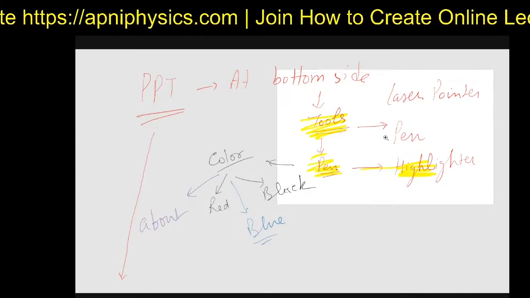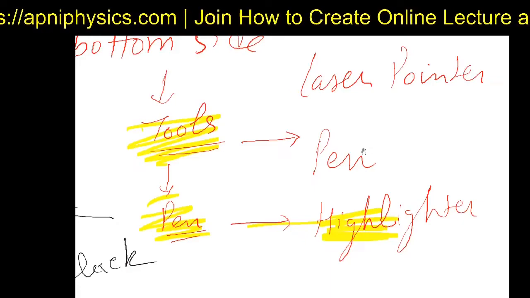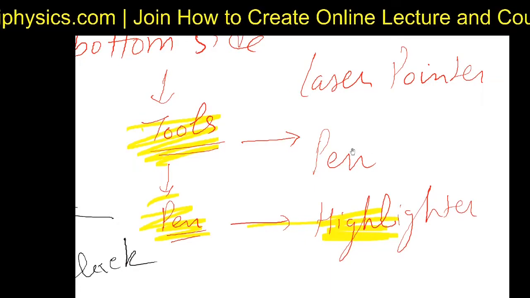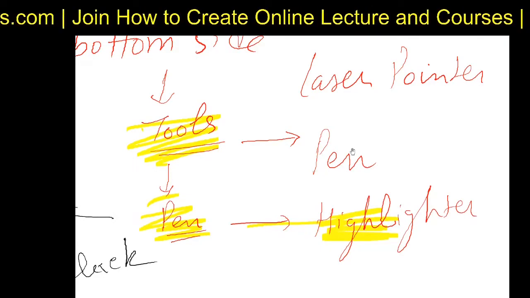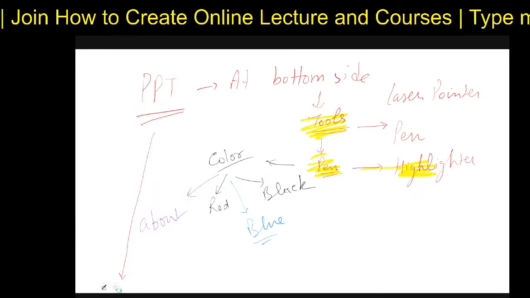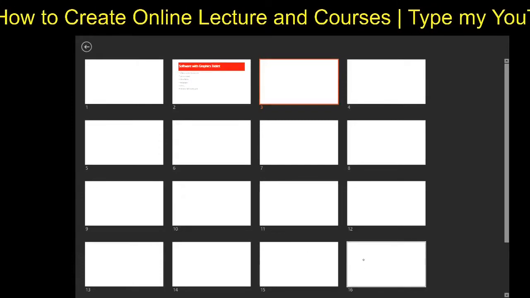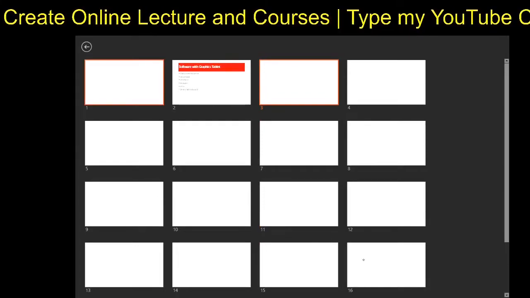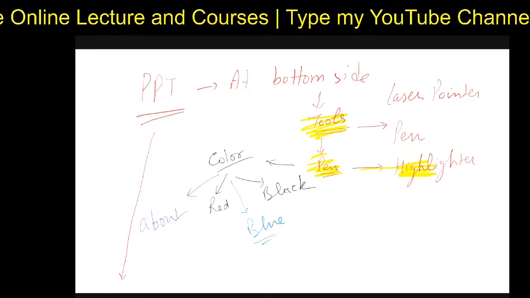If you want to zoom this section only, then click here, and it becomes zoomed. When you want to come back to the normal slide, just use the escape button and you come back. Now the next point: you can see there are more than 16 slides, and you can select all slides from here immediately. So that is the point about the PowerPoint presentation.